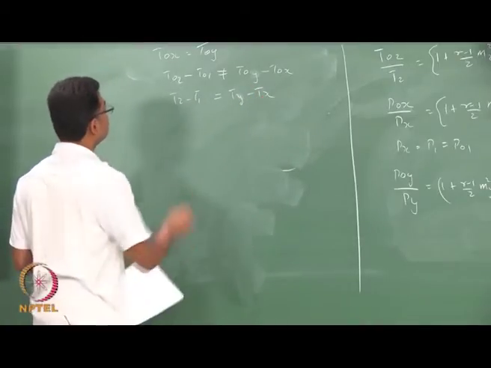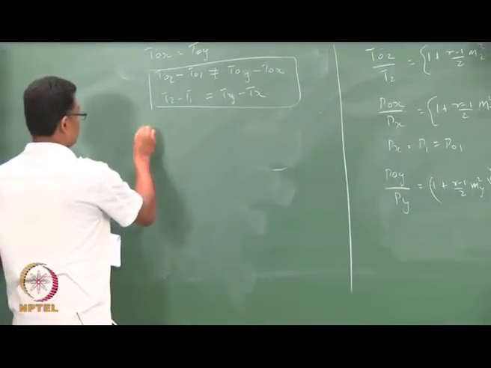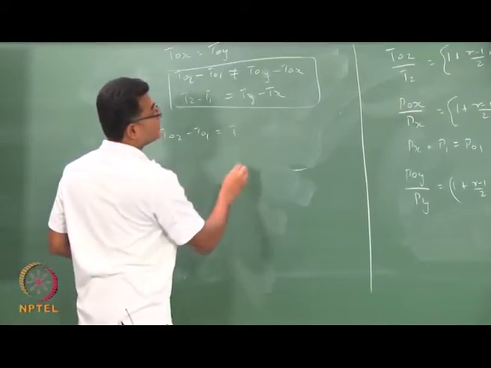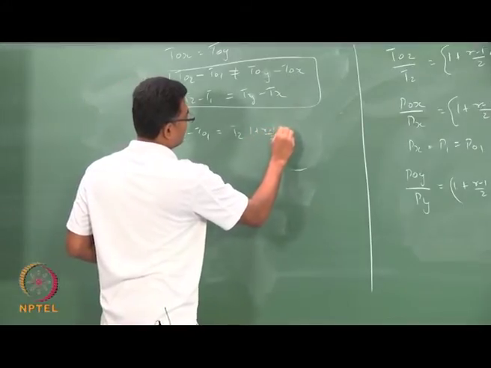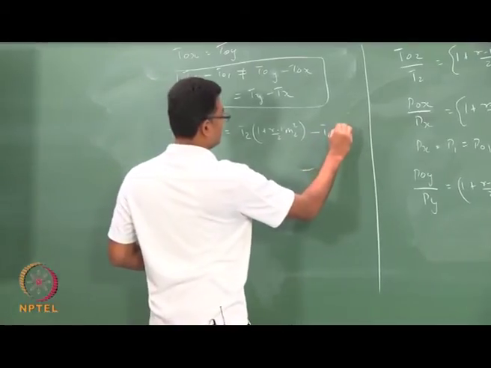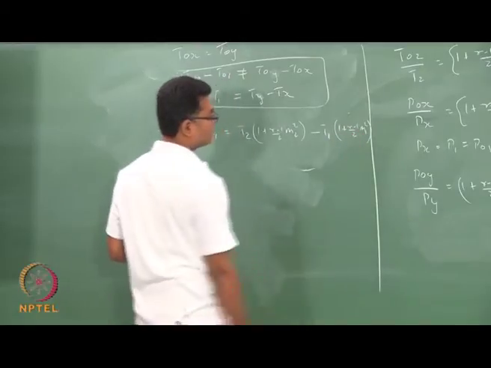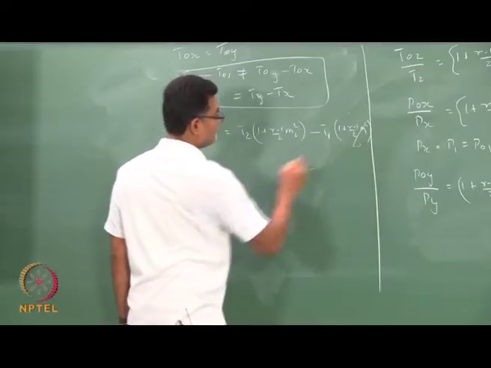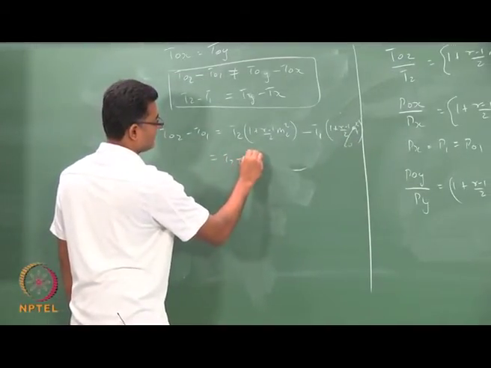So, you can show this. So, my T02 minus T01 is T2 into 1 plus gamma minus 1 by 2 M2 square minus T1 into 1 plus gamma minus 1 by 2 into M1 square. M1 is 0. So, this term is 0. So, I have T2 minus T1.